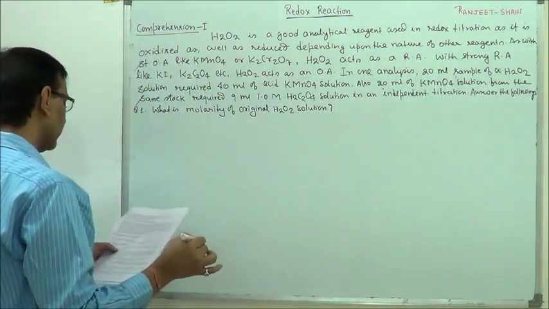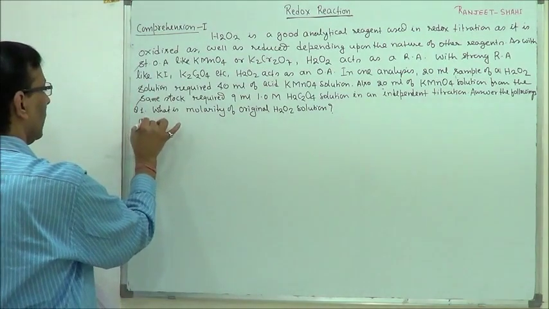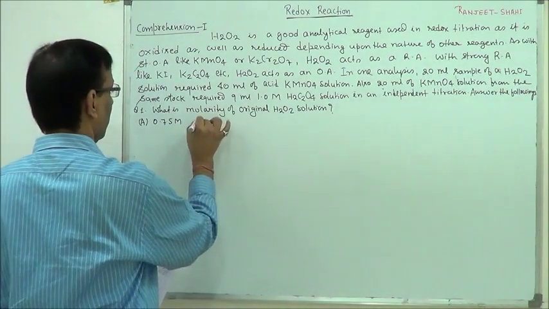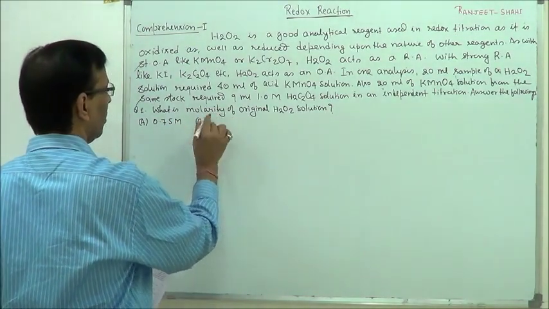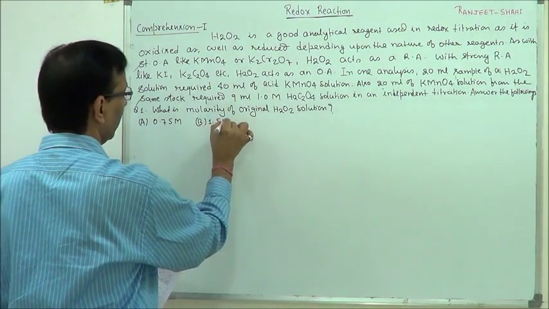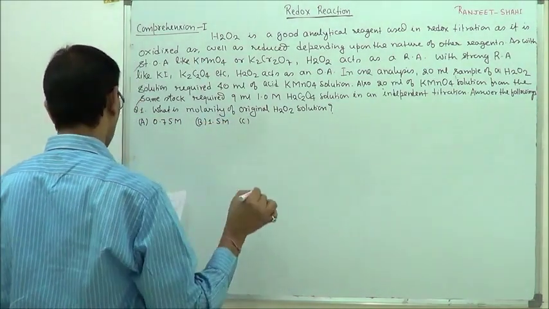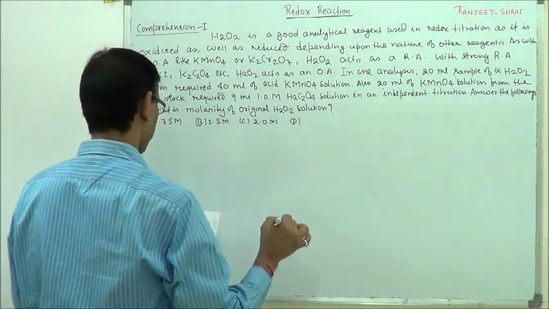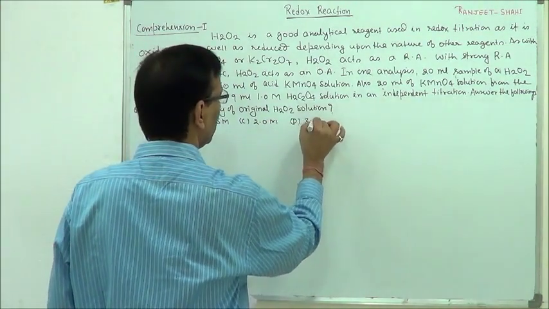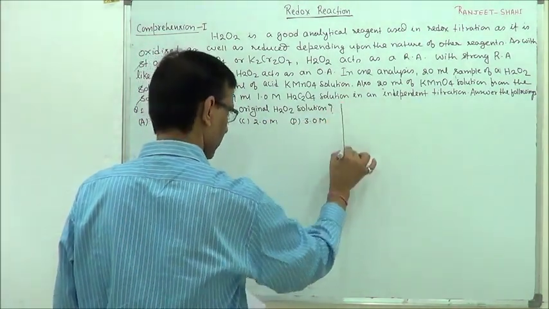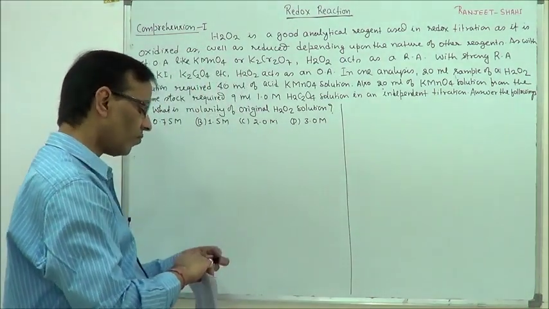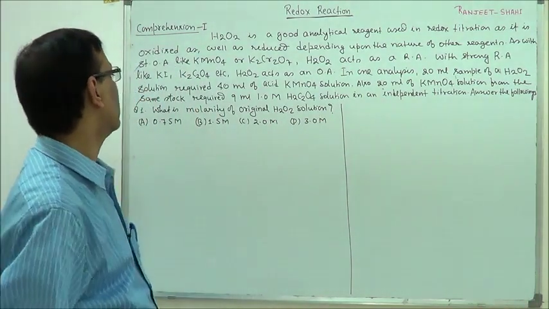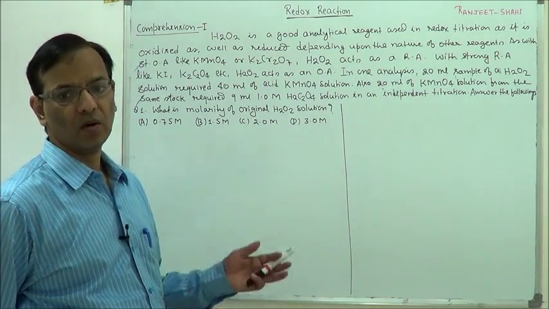And the options are 0.75 molar, 1.5 molar, 2 molar, and 3 molar. So let us work out this first, then we will be taking the other questions based on this passage or comprehension.